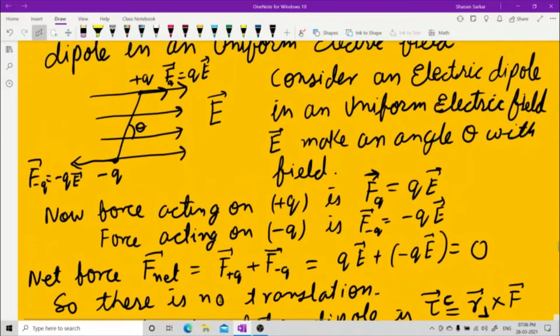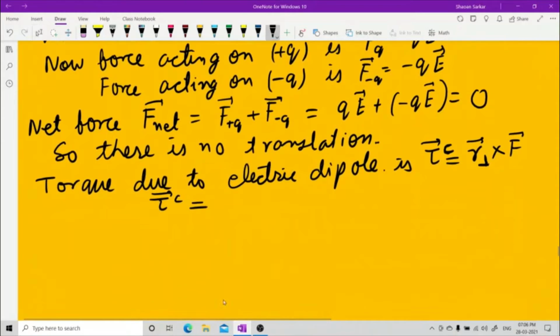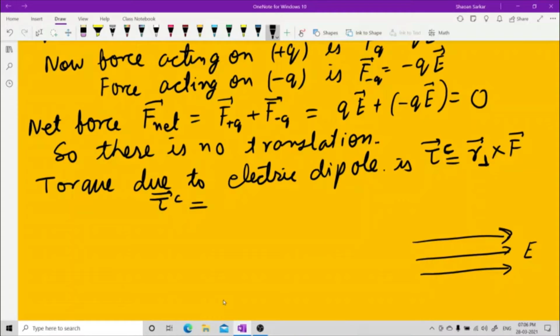Let us draw the figure again. The electric fields are in this direction. This is making an angle theta here. This is one force here, the other force is here. So the perpendicular distance here is like this.